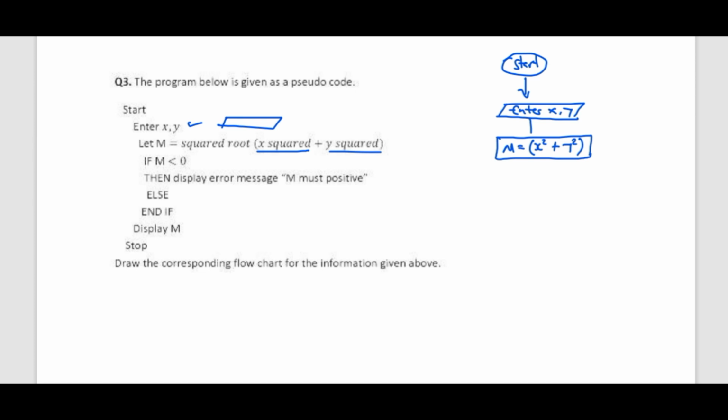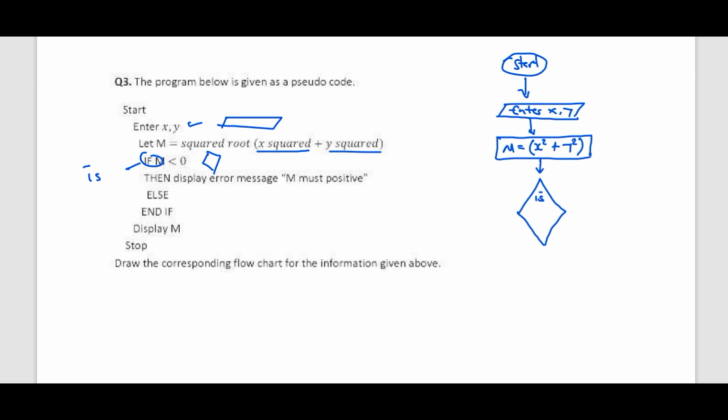So if we said if, we'll do what? We'll change to is. And then this is the decision box, so we are going to use a diamond there. So a diamond is used. So we would say, M must be positive. So display error message, M must be positive. So we are saying that is.